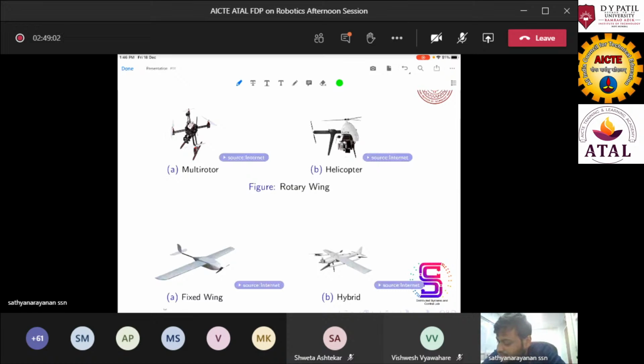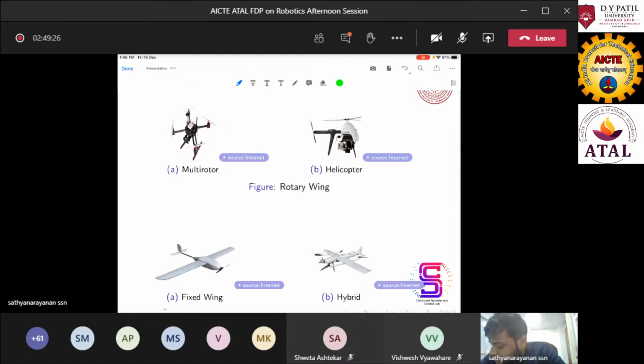That's why it's called a rotary wing aircraft. The fixed wing is like an aeroplane, where the aileron is used to lift the vehicle, and the ailerons are attached to both sides of the fixed wing.